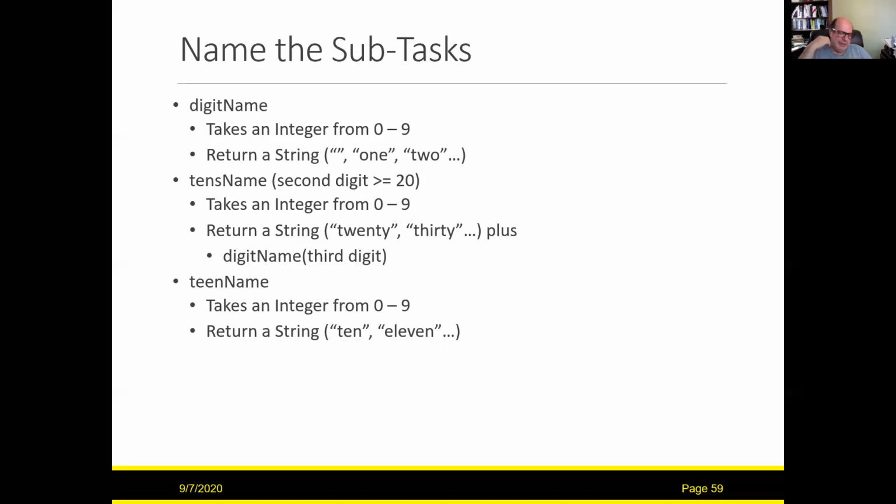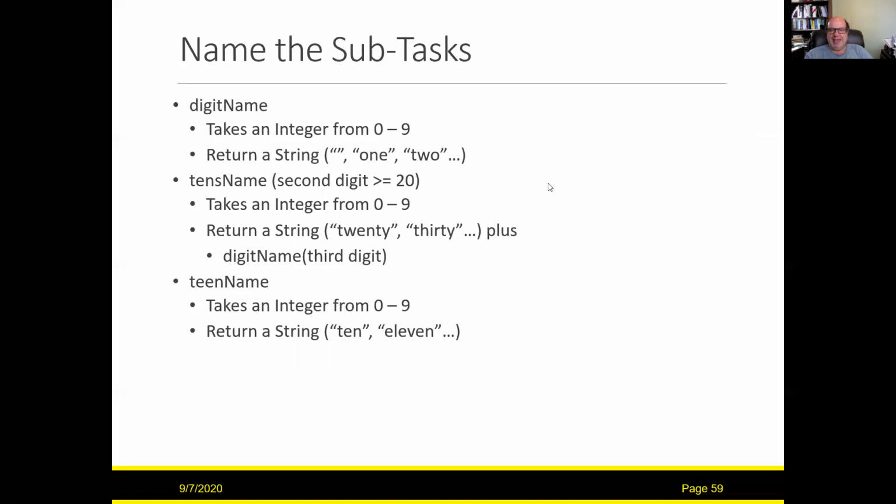10 to 19, we're going to call this group 10, 11, 12, 13, and so on. And then above that, we have 20, 30, 40, and so on. So we can mix these two together. Of course, we've got to be careful with the zero.